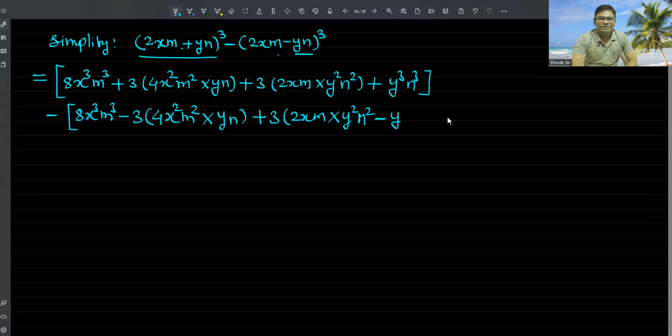So y's cube is y cube and n's cube is n cube, and the bracket is closed.